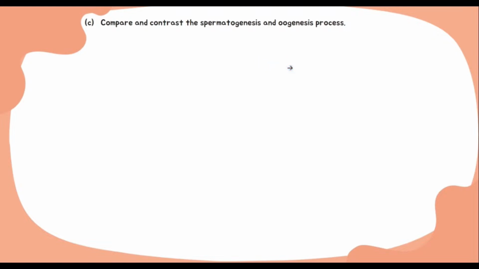How to write the similarities? Look at the sample answer. You need to state both processes because it is a process. Both processes occur in reproductive organs. Both processes produce haploid gametes.